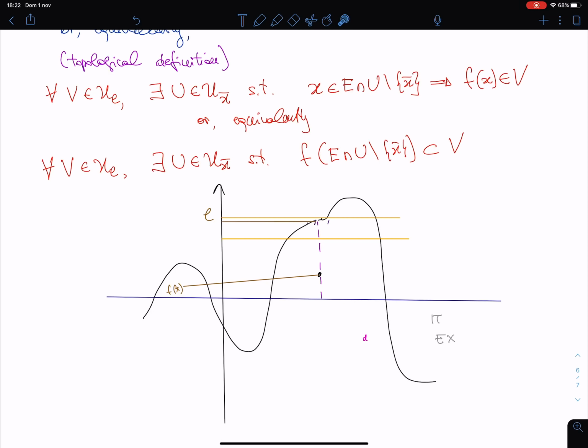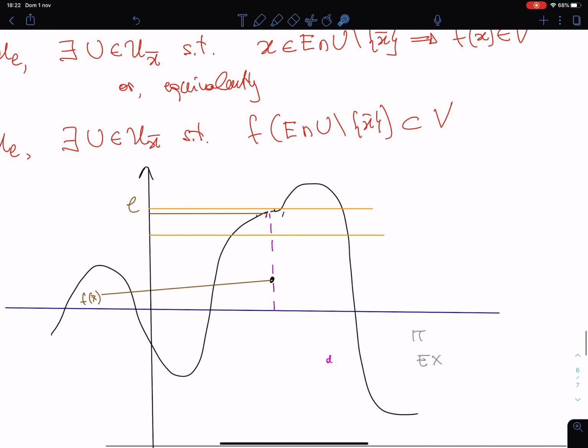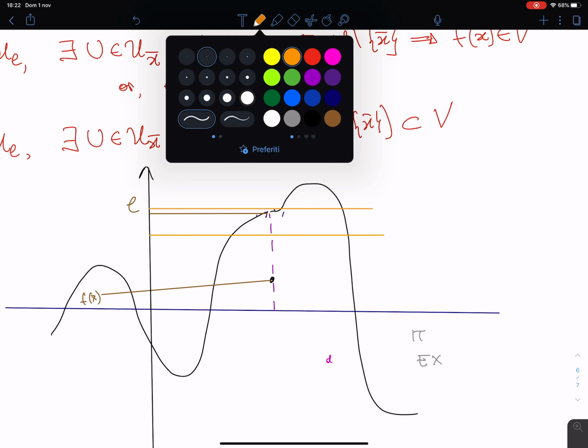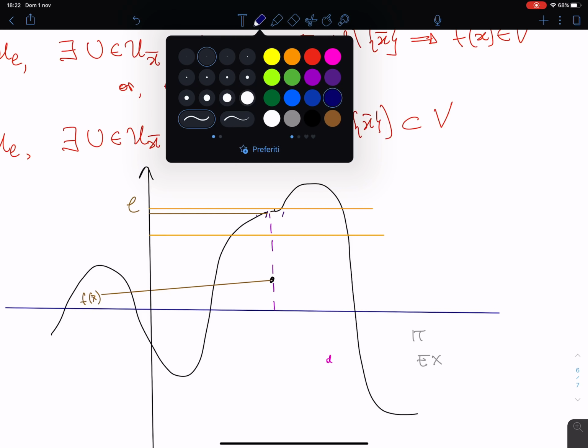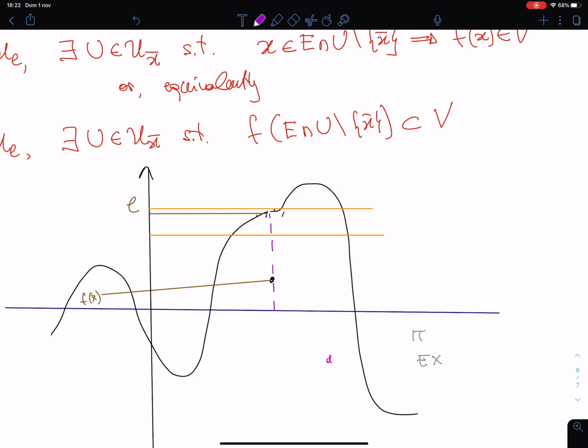How can I find it? Okay, just look at this picture and try to isolate the set of the x, of the variable x, that falls into this stripe. So take where this stripe starts, where it ends.